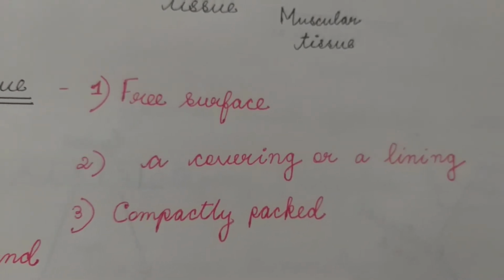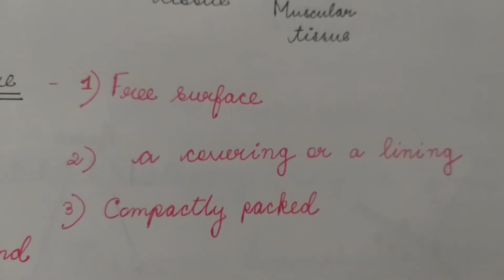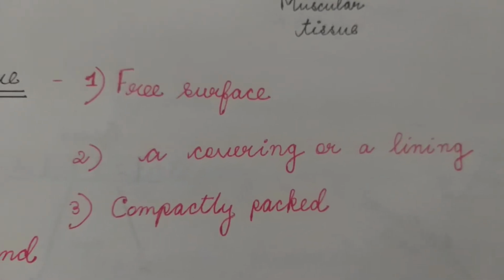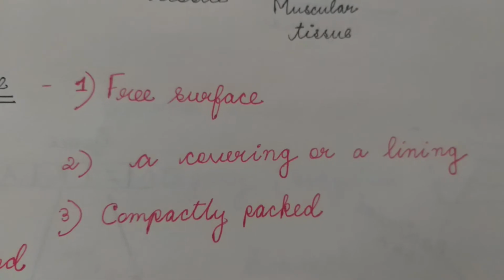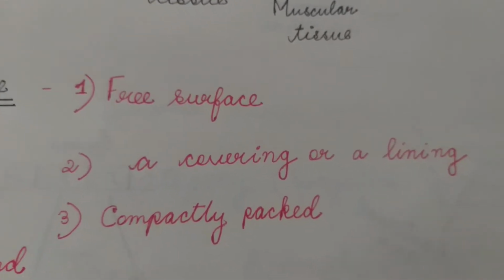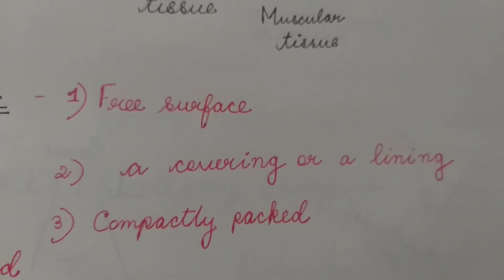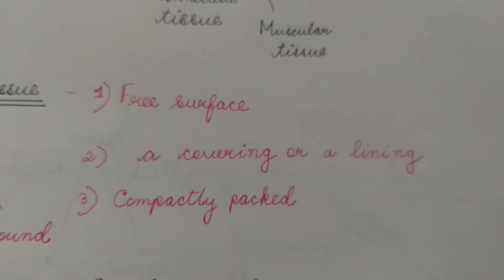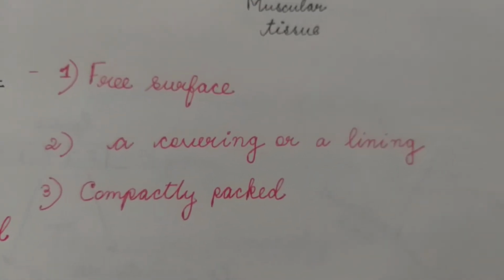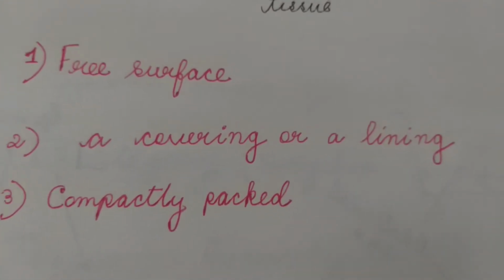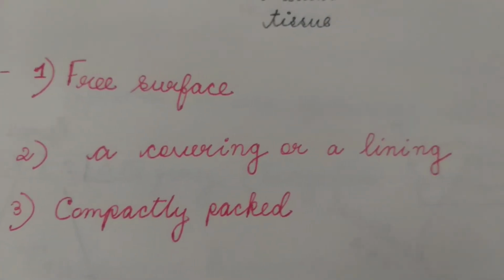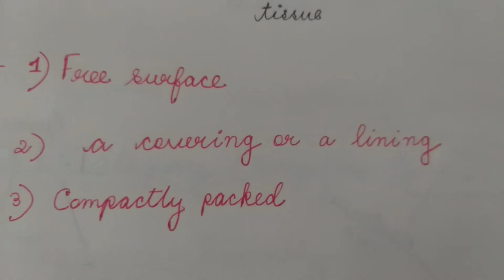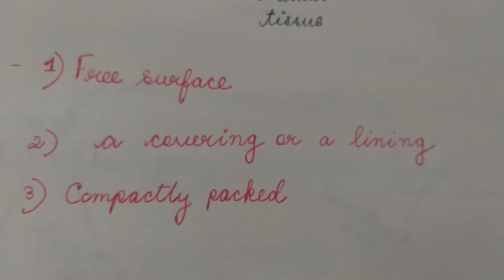Epithelial tissue or epithelium has a free surface which faces either a body fluid or the external, outside environment. Therefore, epithelium always forms a covering or a lining for other parts of the body.